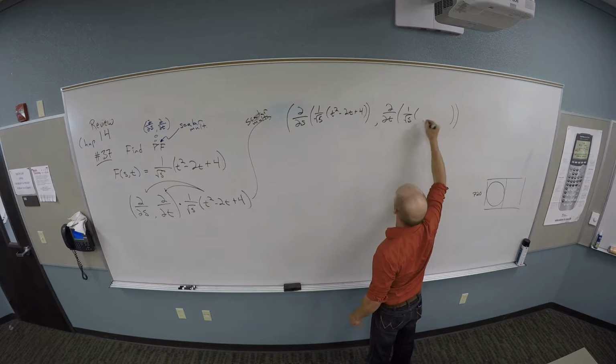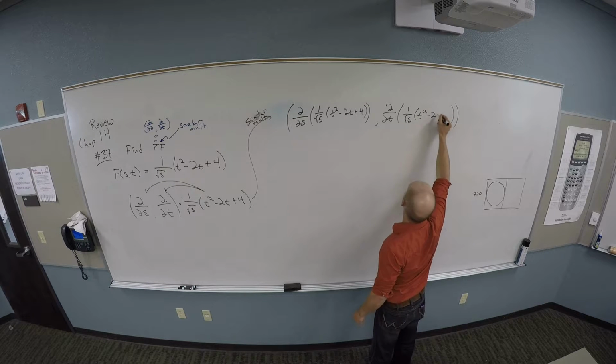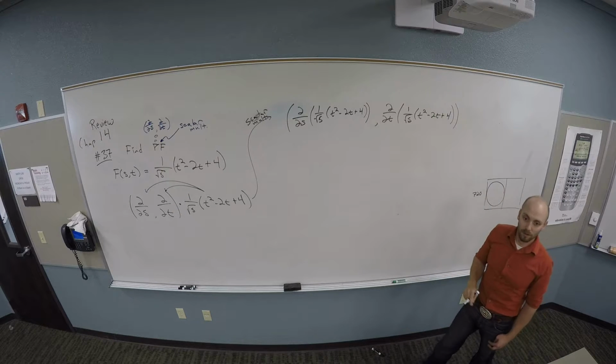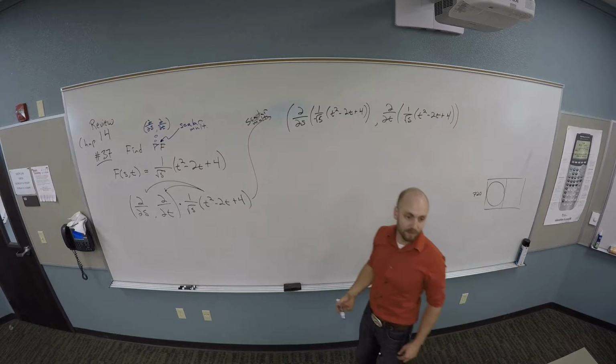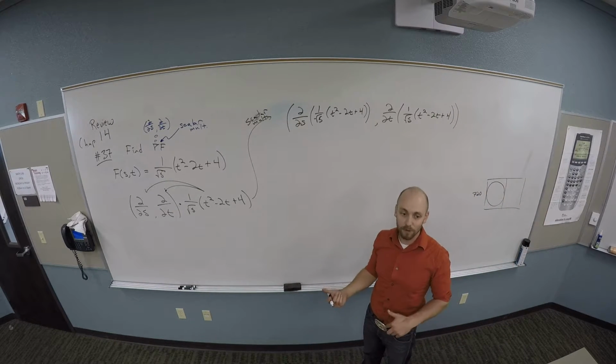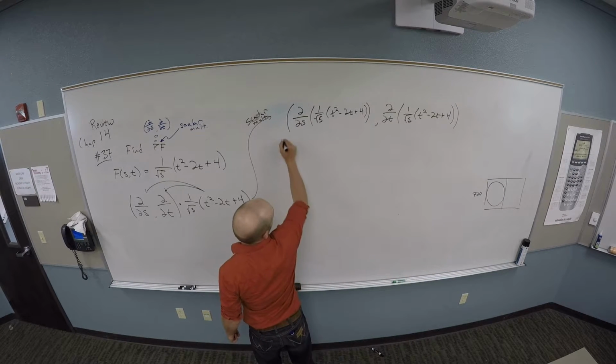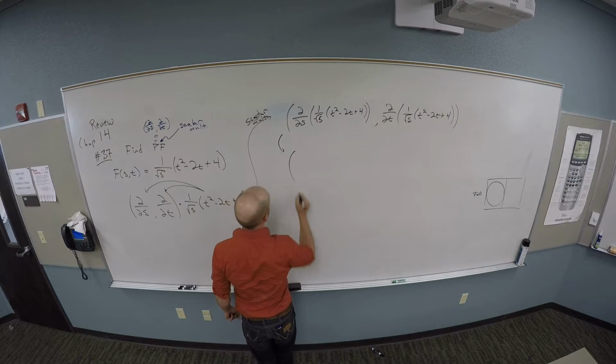Perfect, the formula for F again. And I realize I'm kind of overkilling this right now, but I want to highlight the similarities to the curl and divergence things that we've recently learned. So what do I do here?